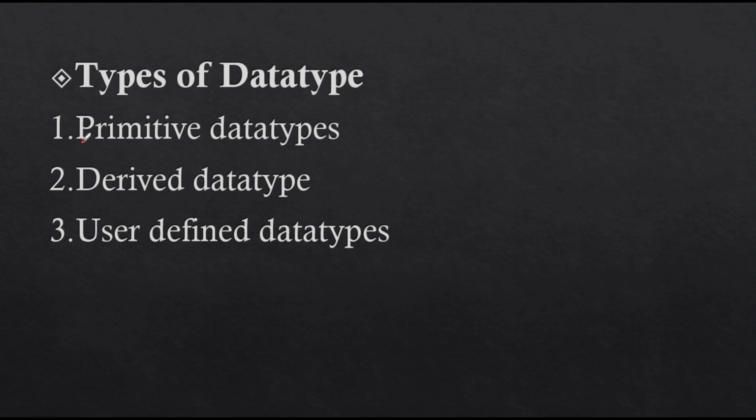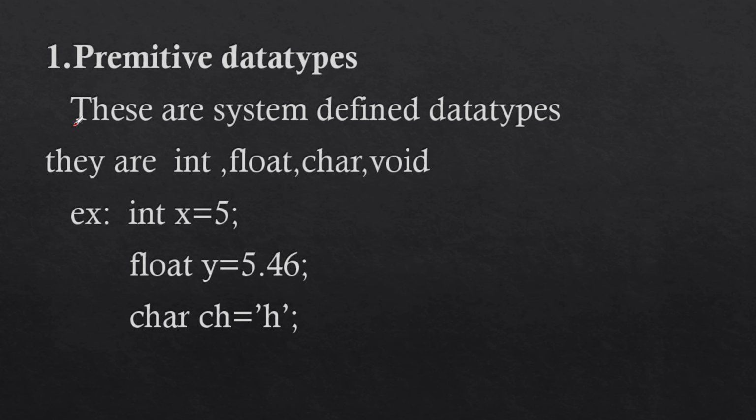First one is primitive data type. What is this primitive data type? These are system defined data types. That means if I am giving an integer here, I'm not assigning any number at all. I'm just declaring an integer type variable, and here I ended with a semicolon.